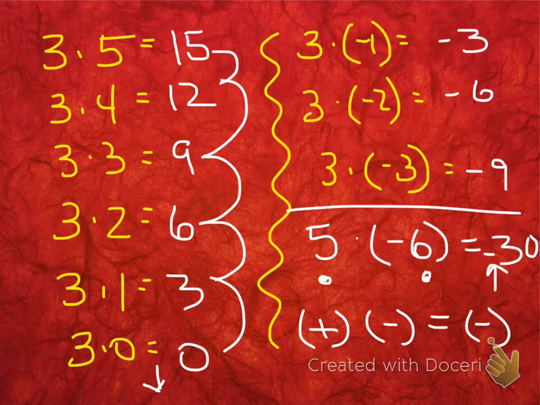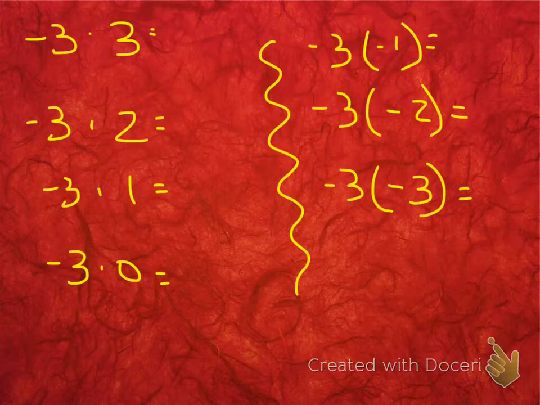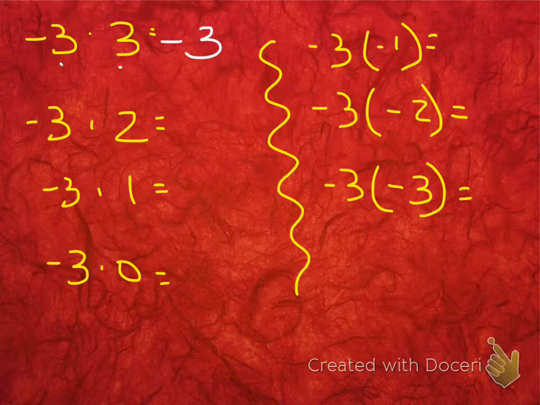Okay? So let's see what happens when I have another kind of scenario, maybe a negative times a negative, okay? So let's keep going with the scenario that we had. We now know that a negative times a positive gives us a negative value, and we take the 3 times the 3, which is a 9.